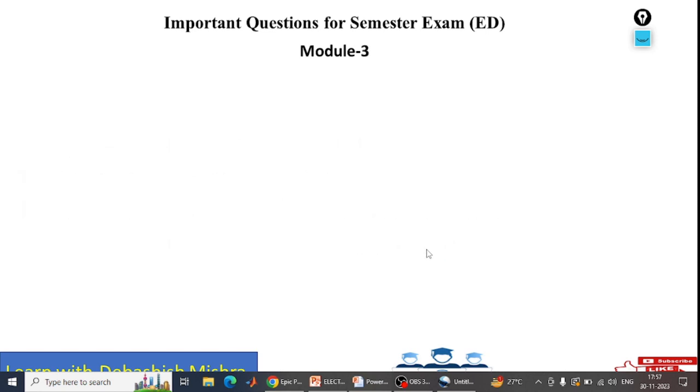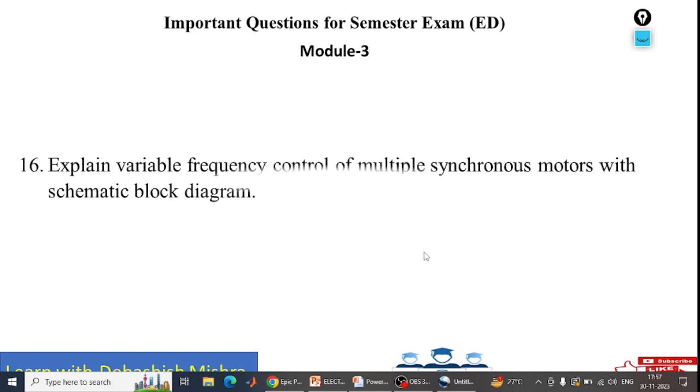Module 2 complete. Module 3 has very few questions. You can prepare. Synchronous motor is there in module 1 and module 2, DC drive and induction motor drive completed, and here you can see: explain variable frequency control of multiple synchronous motors with schematic block diagram. From synchronous motor, I think this is only one question, and you prepare.